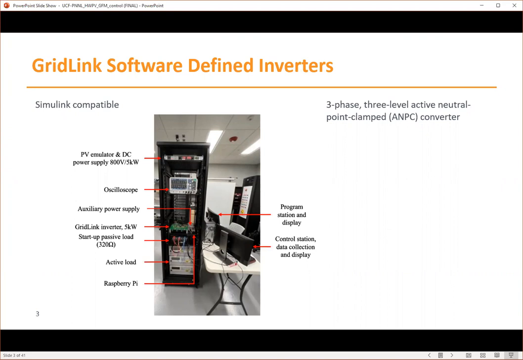And it's called software-defined by the nature that it is Simulink compatible. So we can do high-level programming and develop control and modeling architectures and download to the hardware. I apologize for the rain here.